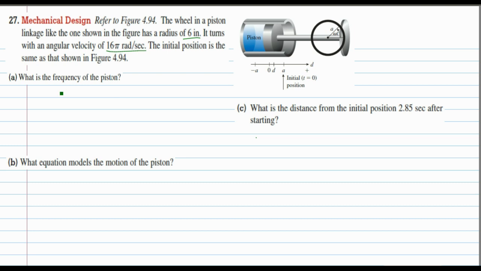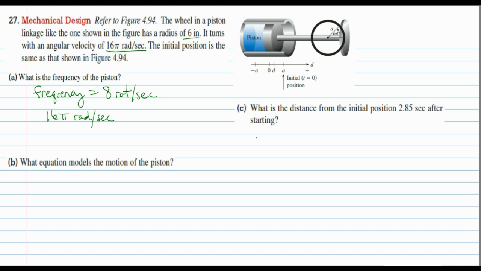The frequency is going to be, let's see, they gave us 16 pi radians per second. I want to know how many rotations per second. 16 pi is 8 rotations, 2 pi per rotation, so it's 8 rotations per second. So the frequency is 8.